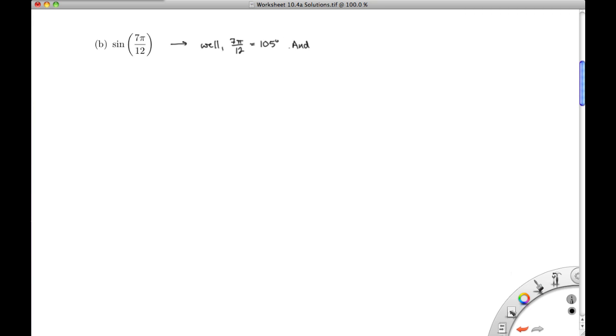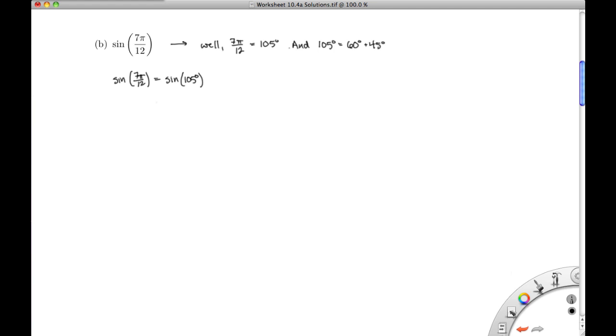And if we wanted to think of this as a sum or difference, the 105 degrees is just 60 degrees plus 45 degrees. So what we can say now is that the sine of 7 pi divided by 12, well, first of all, it's going to be the same as just the sine of 105 degrees.